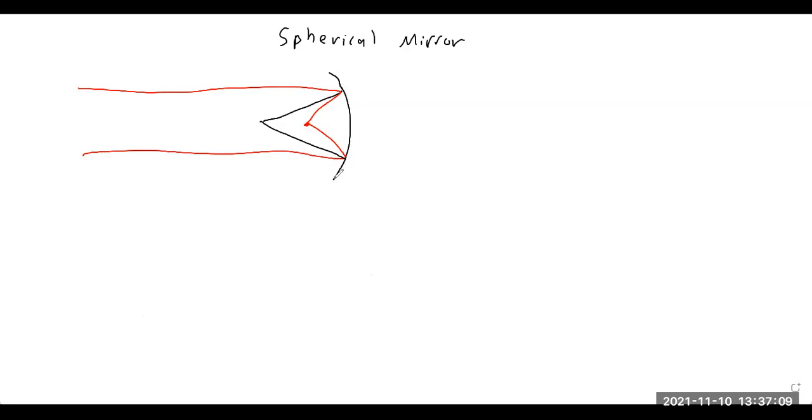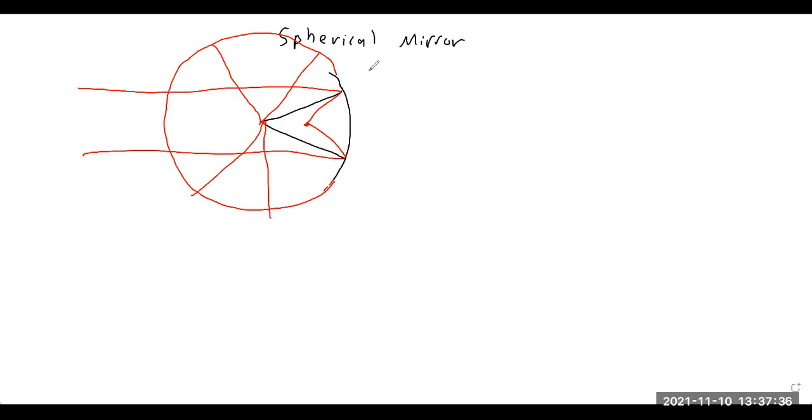So if we draw this out bigger, all lines that are normal to its surface meet in the center of the sphere.